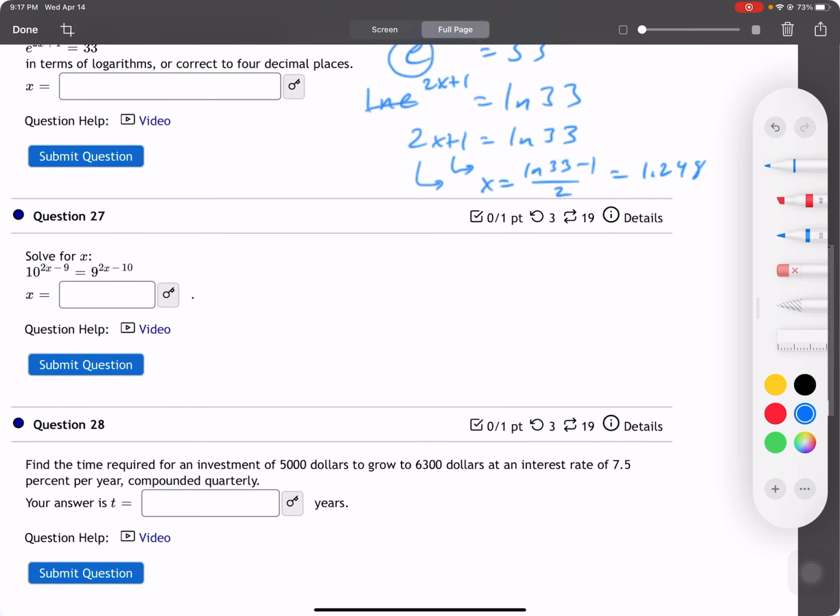Okay, now this problem here, 10 to the 2x minus 9 is equal to 9 to the 2x minus 10. How would you solve this guy? They have different bases.